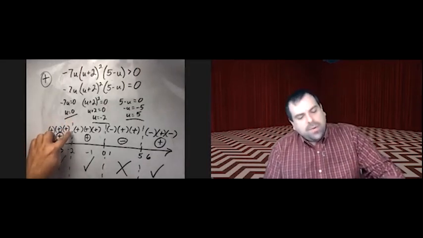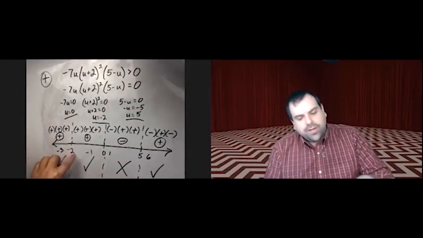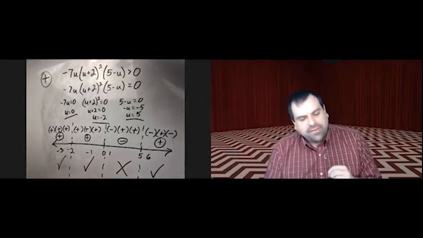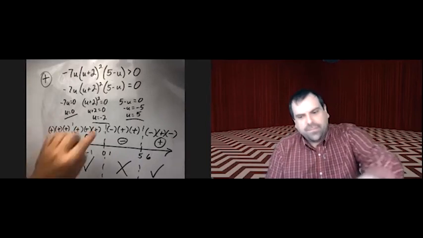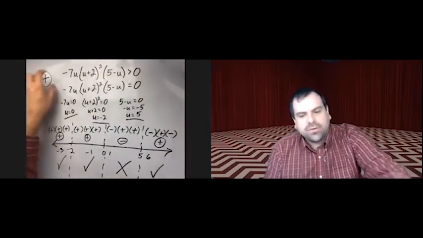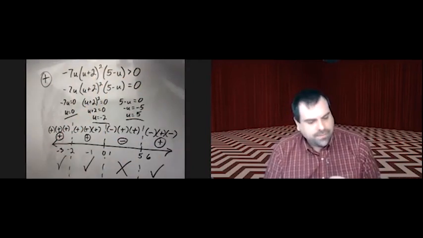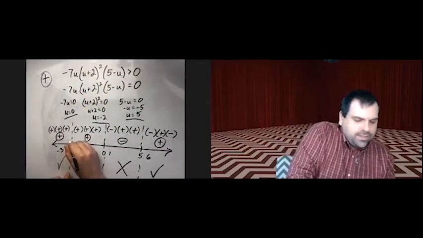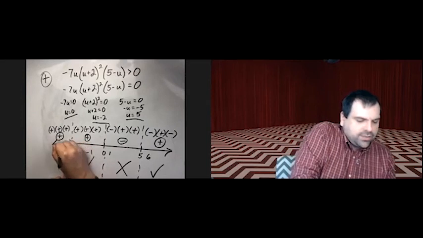Now, remember what I said, when we plug negative 2 in, when we plug 0 in, when we plug 5 in, we get 0. That's not positive, that's not negative. We don't want greater than or equal to 0, we just want positive, greater than 0. Which means section 1 is included.